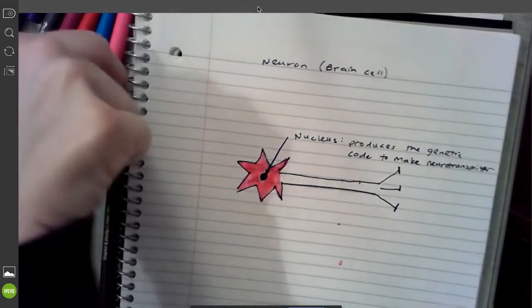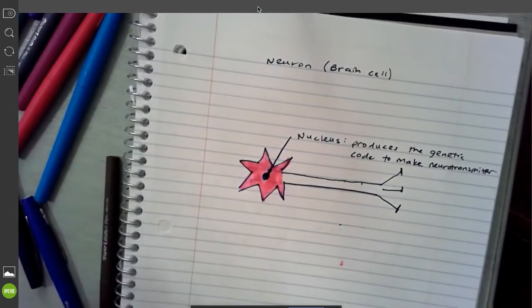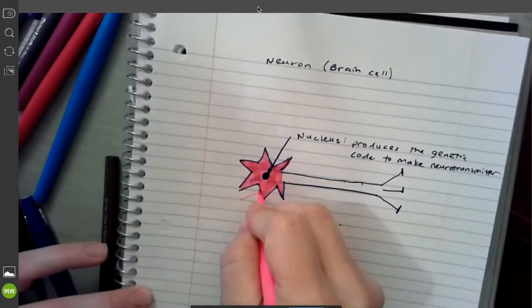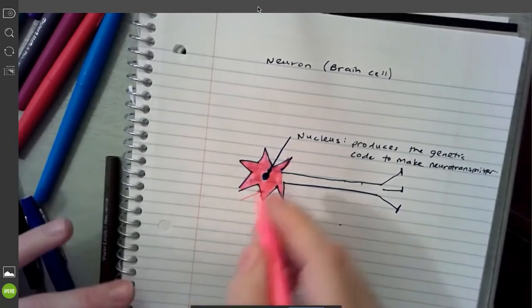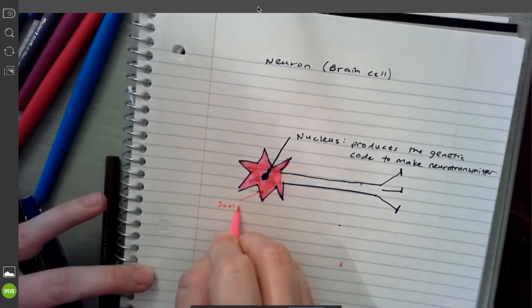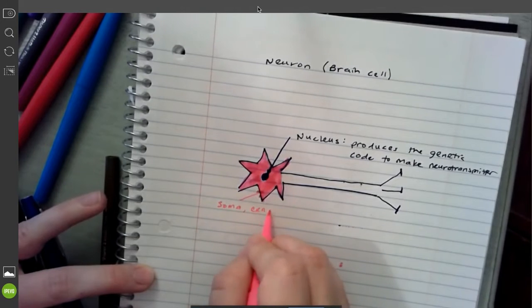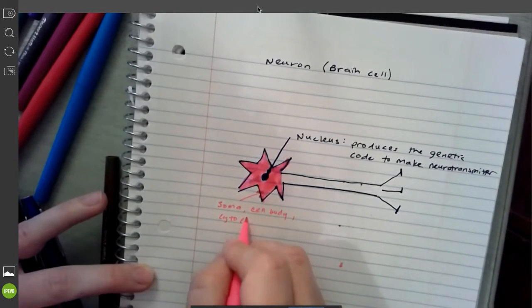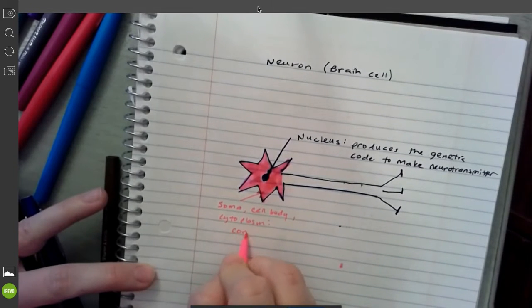I will label it in pink because I colored it in pink. This general region has three names: the soma, the cell body, and the cytoplasm. And all this does is contain the neuron's organelles.